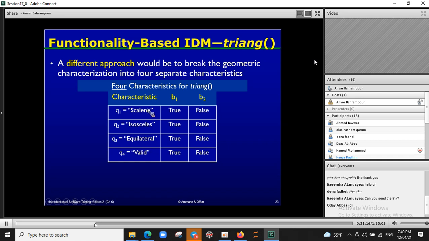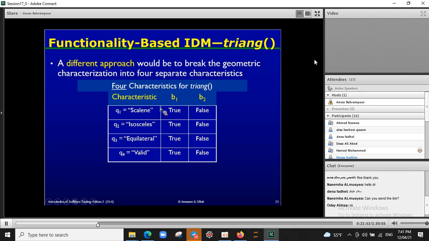We use each of these geometric characteristics in isolation in this approach. In this approach, we partition our domain for each characteristic separately. For example, the first characteristic is whether a triangle is scalene or not. So we have 2 blocks for this point of view.